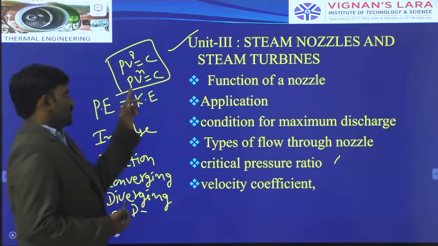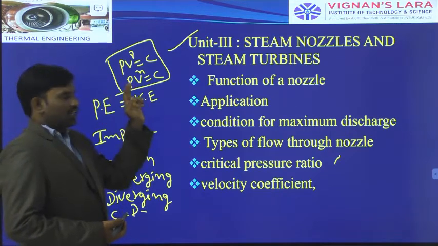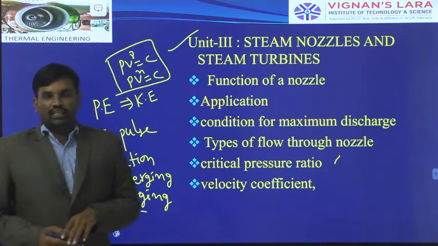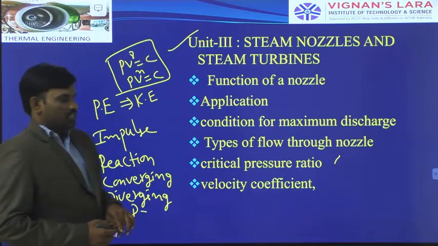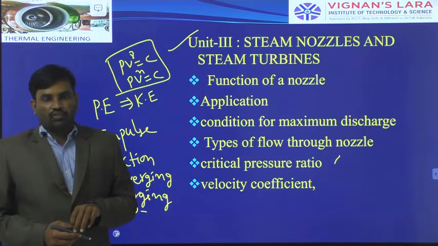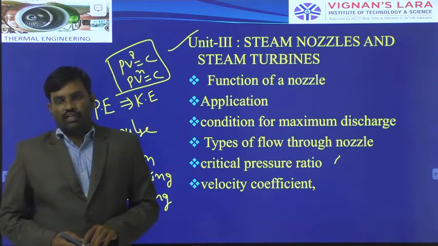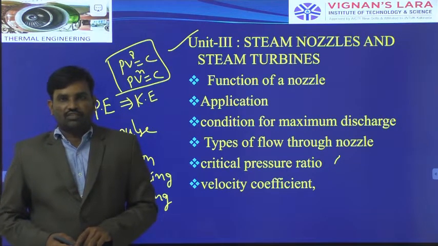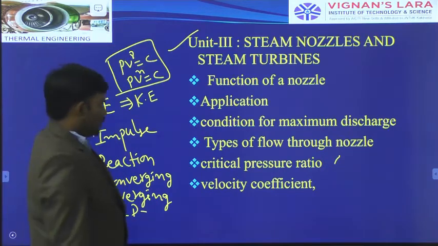During the flow of steam through the nozzle body, the work done in that particular thermodynamic process is used for the energy conversion. Pressure energy is converted into kinetic energy. That quantity of output we measure based on this equation also.